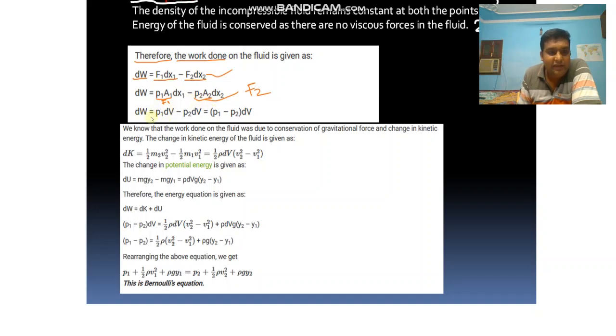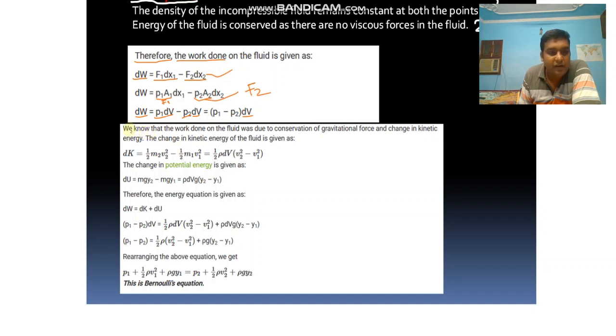After rearranging the equation, we get dW = P1 dV minus P2 dV. So basically it equals (P1 minus P2) dV. Okay.